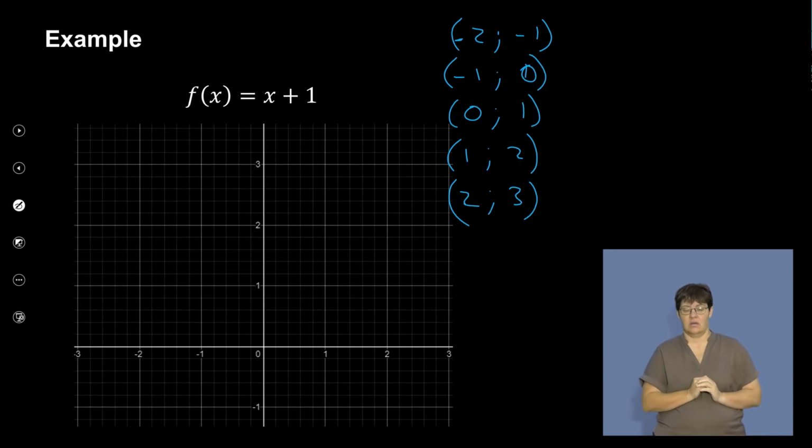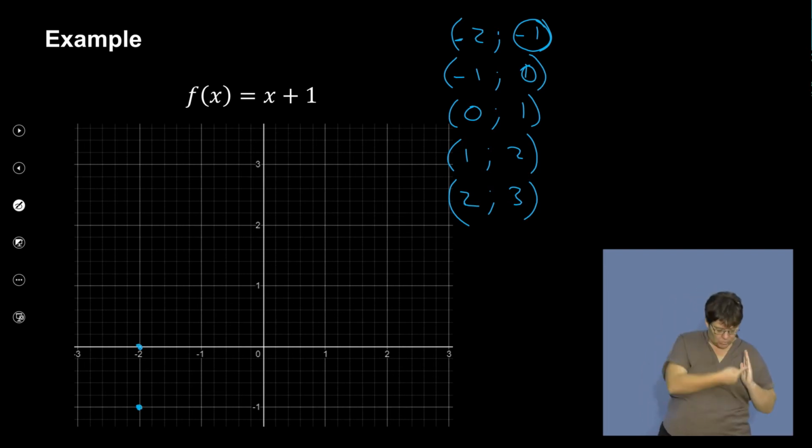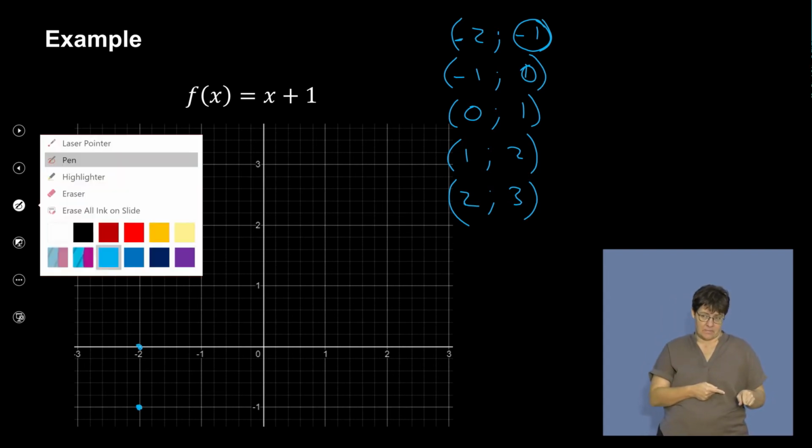Now, as I've shown you how to draw this, please remember, -2 means 2 units to the left of the origin. So I move until I land at -2 there, but that's not my point. I must move 1 unit down because -1 is 1 unit down. So this will land me at this particular point here. So that will actually be my point.